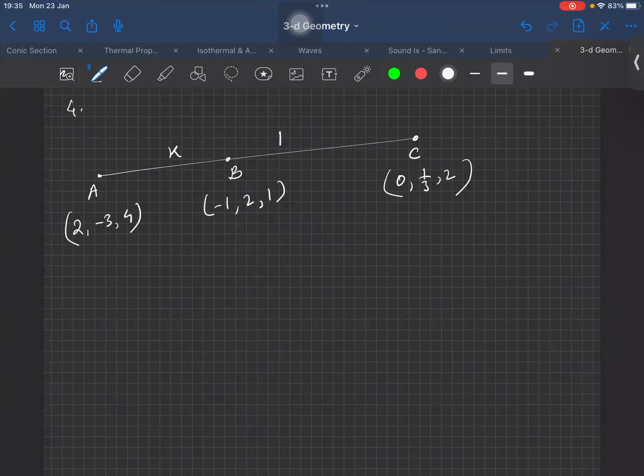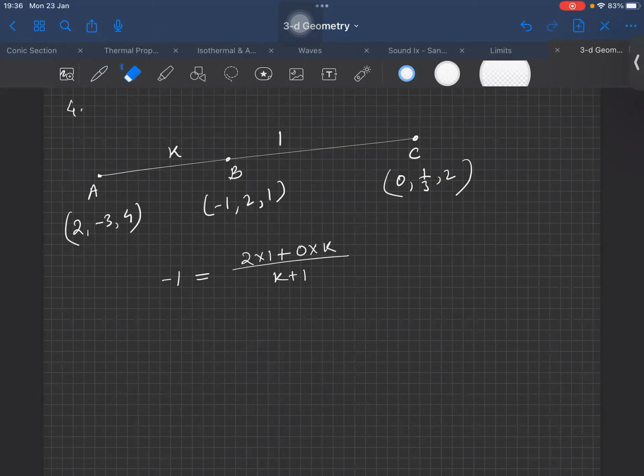So let's write down the coordinates. -1 is equal to (2 times 1 plus 0 times k) upon k plus 1. Right, so this is not right. What was the question? Using the section formula, show that points A, B, and C are collinear.